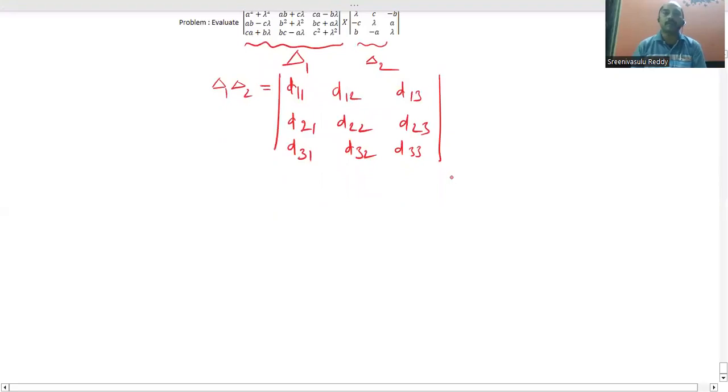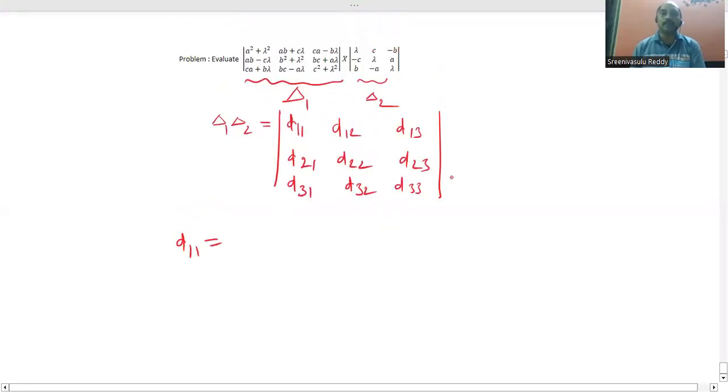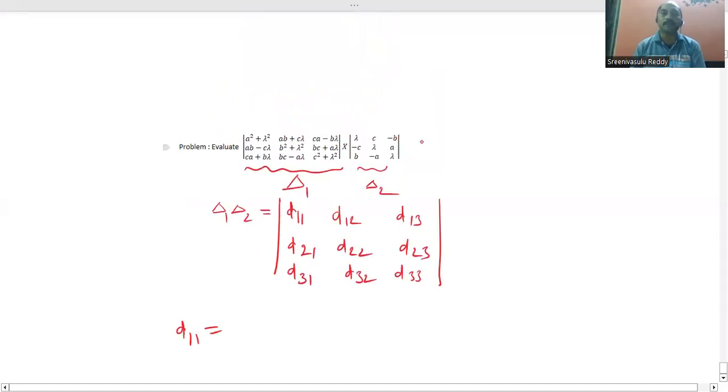Now we don't know D11, D12, D23, but we know the procedure to evaluate D11. D11 is nothing but the sum of the products of the first row of the first determinant with the first row of the second determinant in the corresponding order, first element to first element.